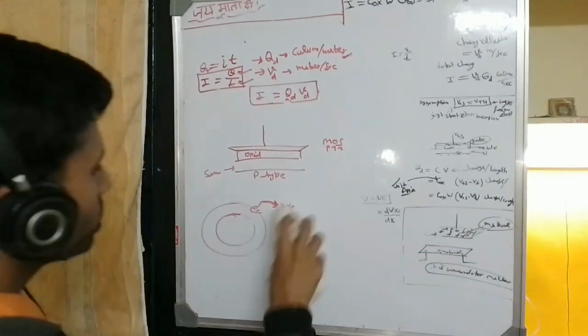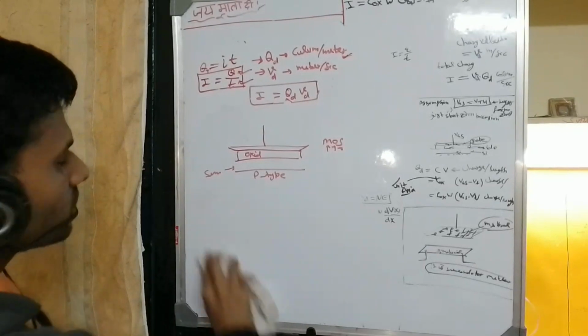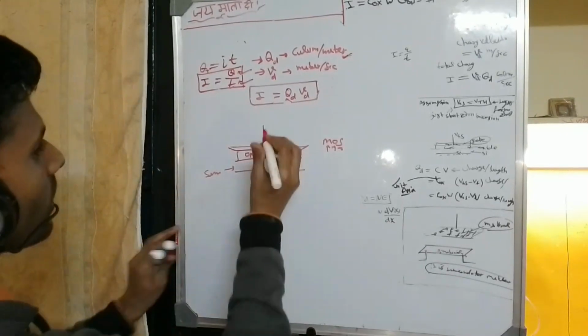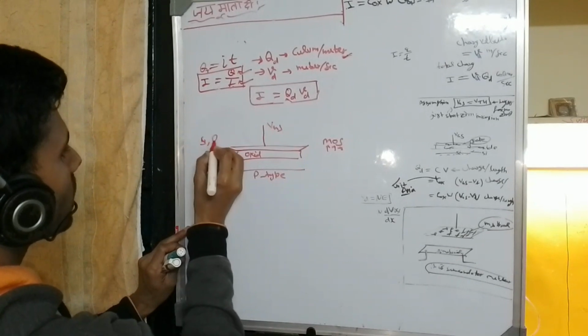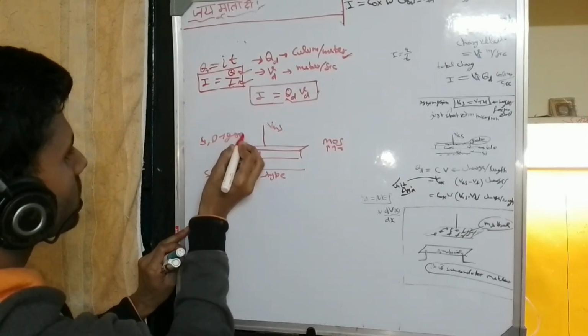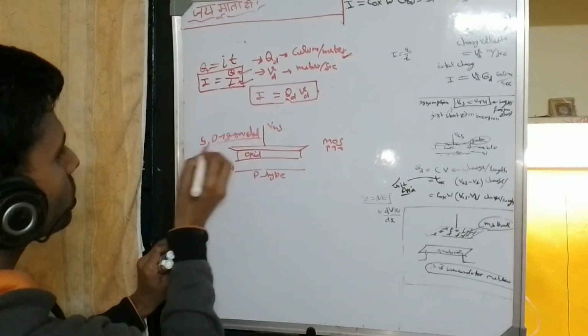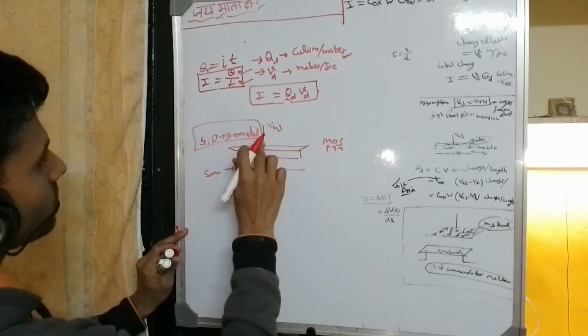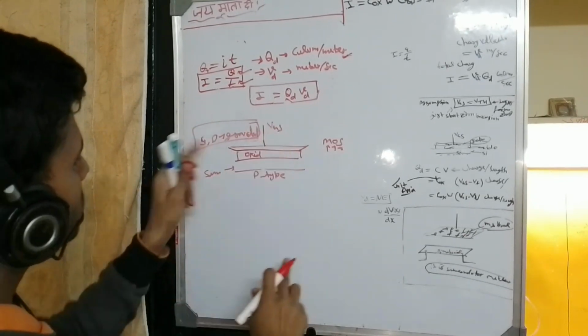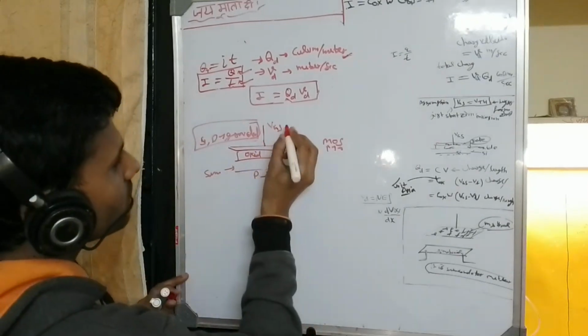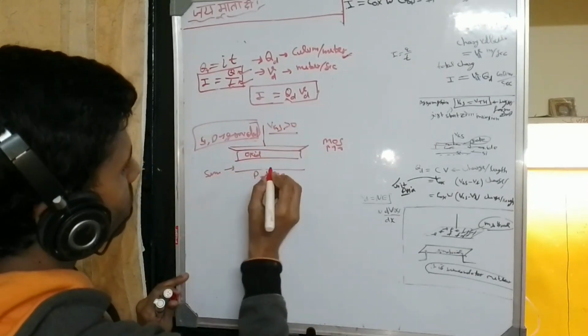So when you apply positive voltage at the gate terminal, VGS, let us suppose source and drain are grounded. I assume you know the basics of MOSFET. So when source is grounded and you apply VGS greater than 0, what will happen?